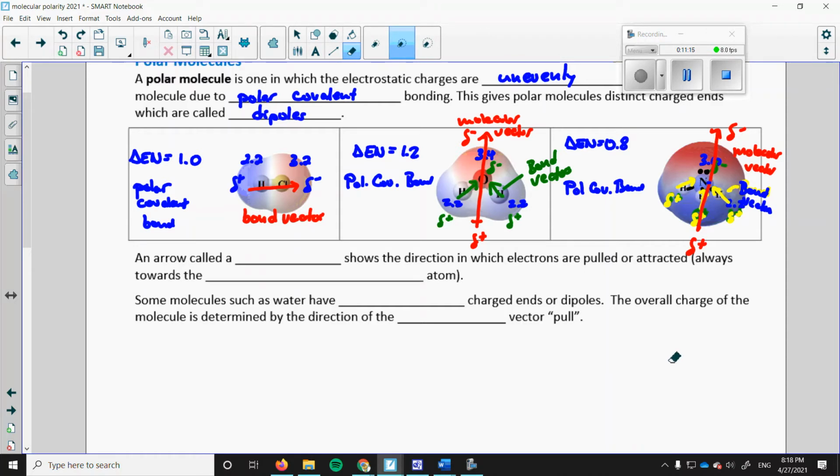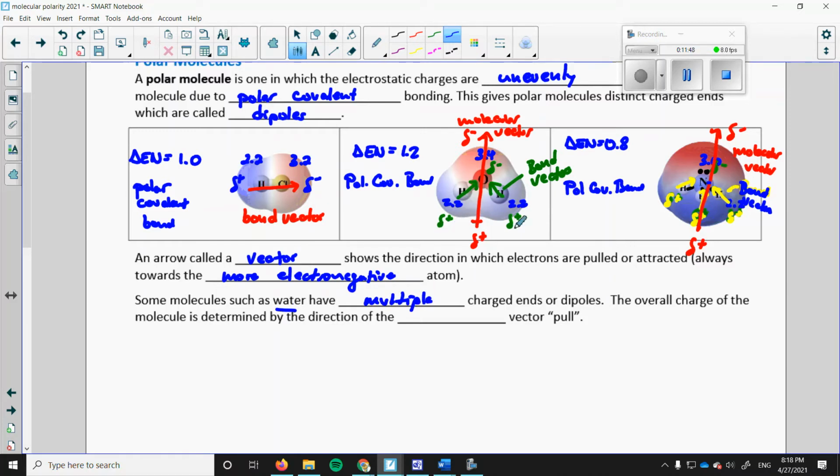All right, let's do some fill in the blanks over here. So an arrow called a vector. Remember, there are 2 vectors. There's one for the bond, one for the molecule. It shows the direction in which electrons are being pulled or attracted, so always towards the more electronegative atom. Now, sometimes some molecules like water have multiple charged ends or dipoles, so more than one.